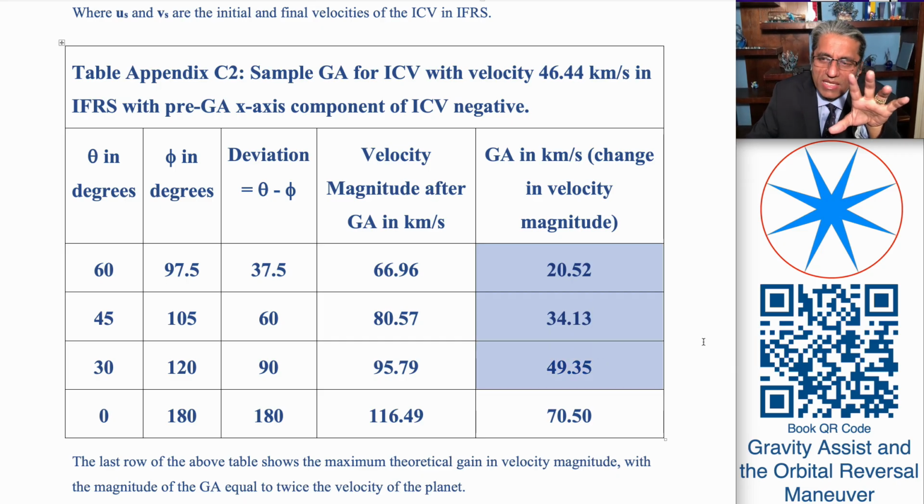So gravity assist results in an increase in velocity if the spacecraft is actually approaching the planet, and then it kind of swings around. One common way to think of it is you throw a ball at a cricket or a baseball bat, and the bat hits the ball, and then the ball speeds up.